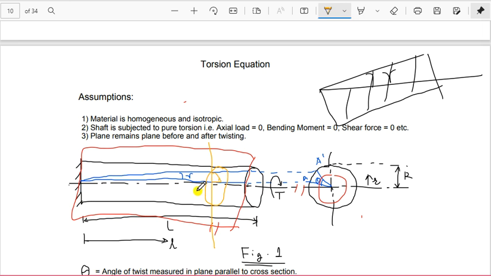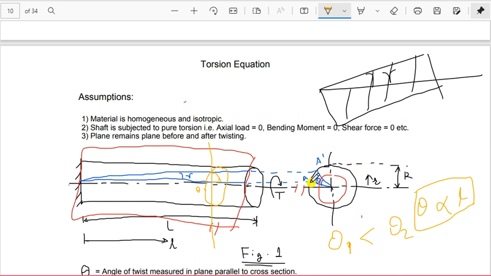This theta, let us say theta 1, and this is theta 2. You will find that theta 1 is less than theta 2. That means this theta is directly proportional to L. As length L increases, theta is increasing. So this relation we will use in further derivation, on the further slide.